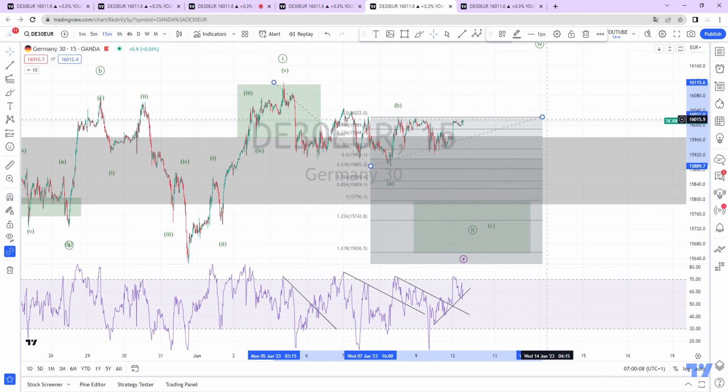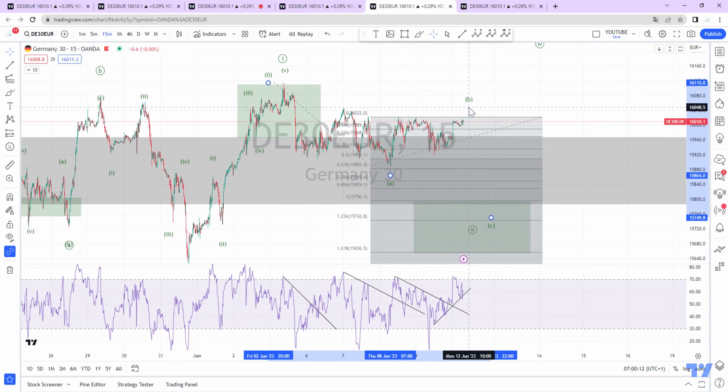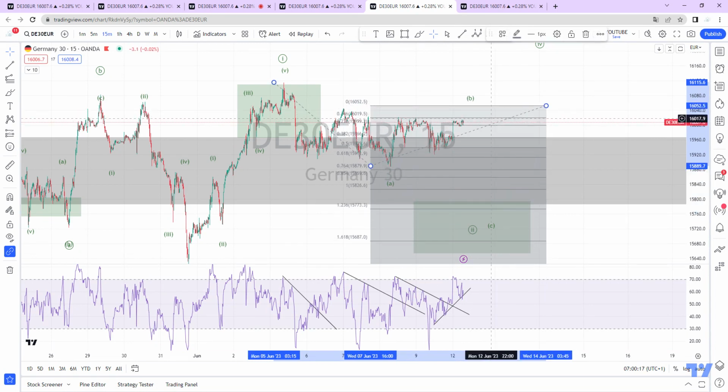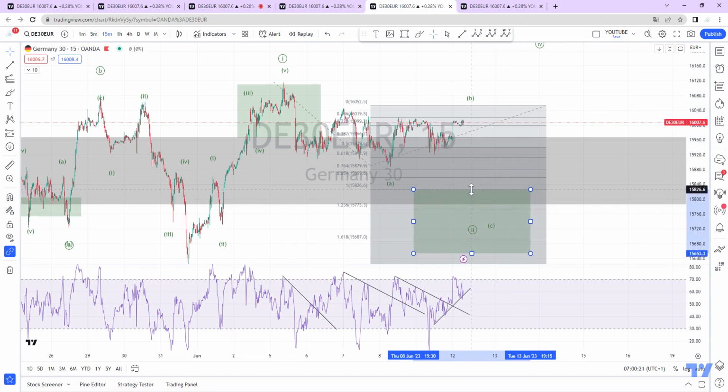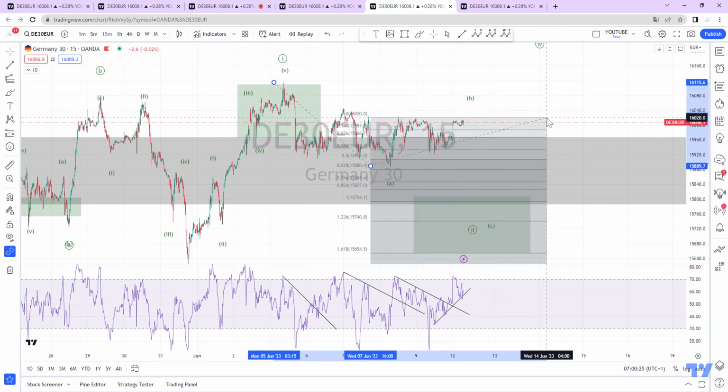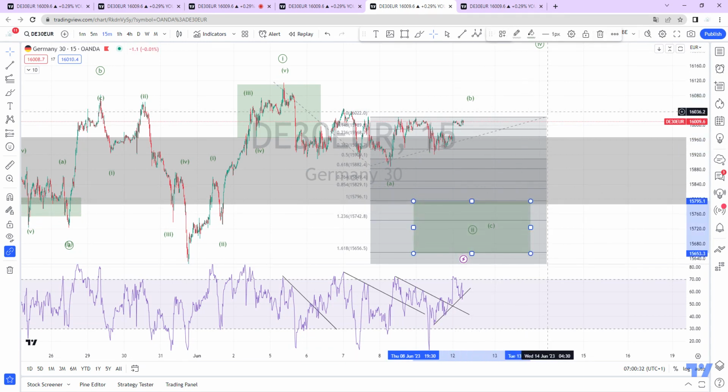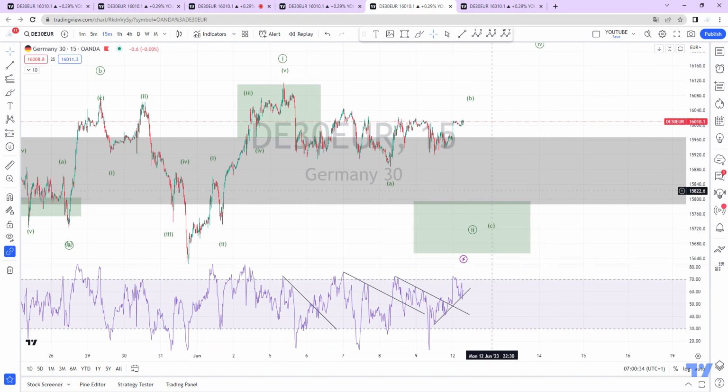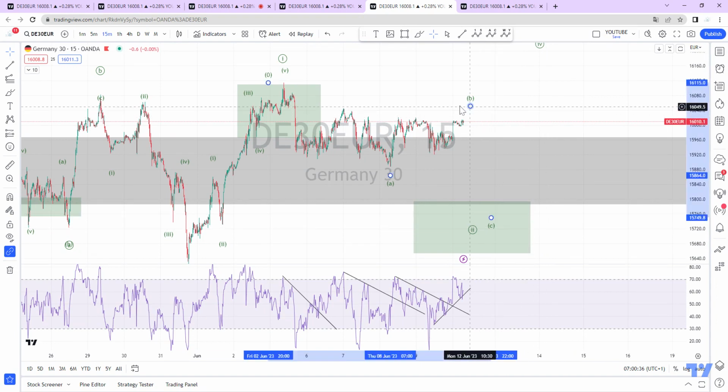If we have a bit more upside first, then it could be that our wave B is somewhere here, then this becomes the target area for our wave C. So let's see what the market gives us today. But for now, this would be my area to go long.